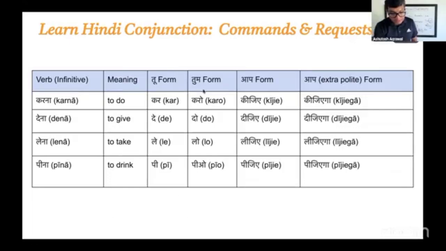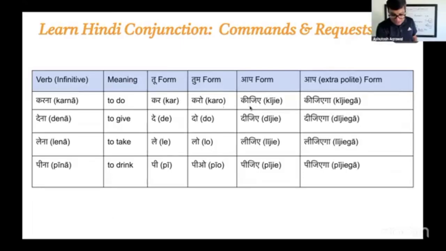Same thing with tum: you still have the o at the end, karo. It changes slightly here. You see that dena becomes do, not two separate letters, it's simply do. So it's karo, do, lo, and po.